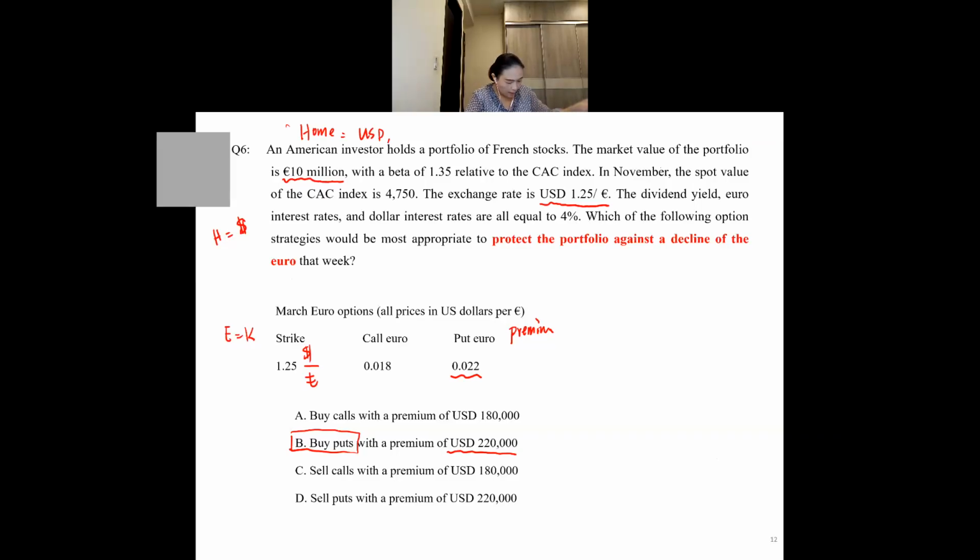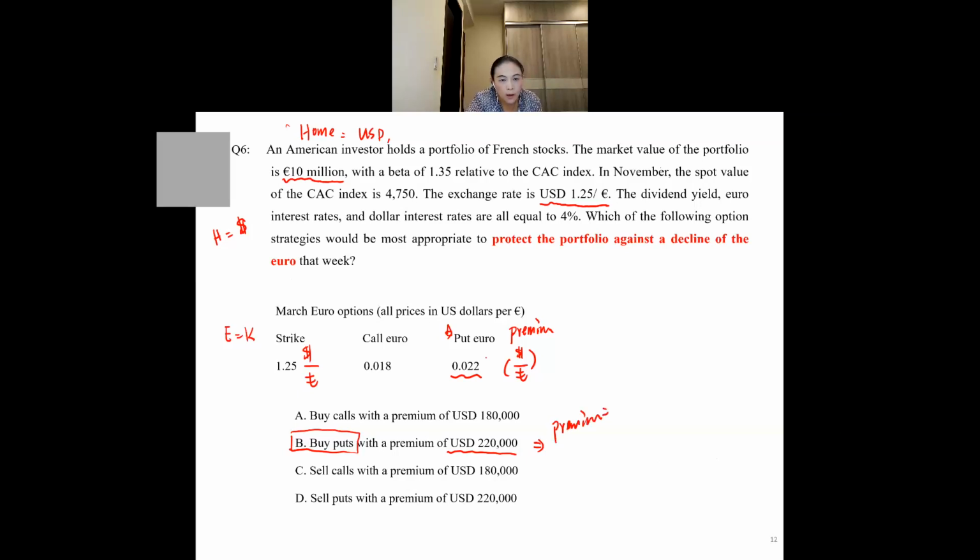This should be quoted in dollars per euro. That's our premium cost. So the answer is long put. We know that, but how much is the premium?